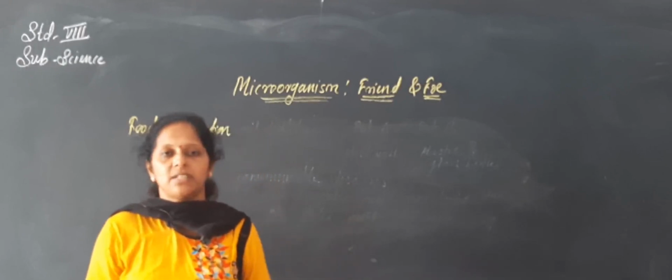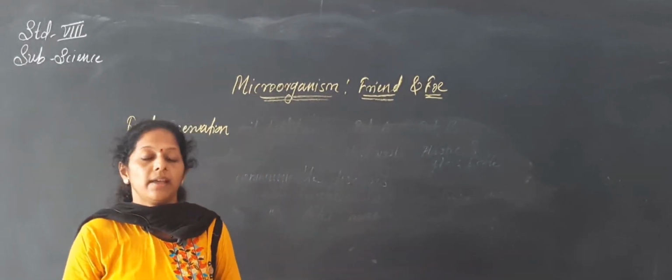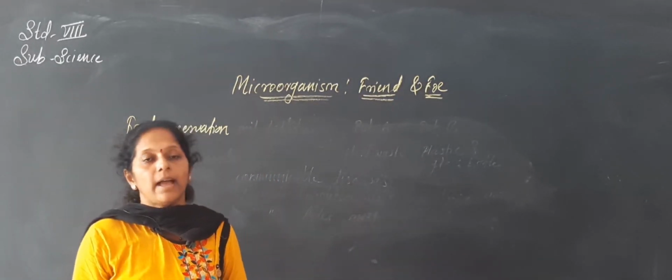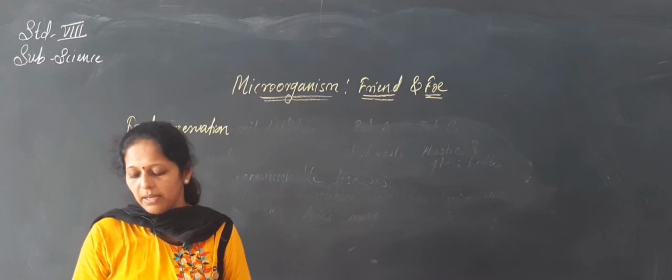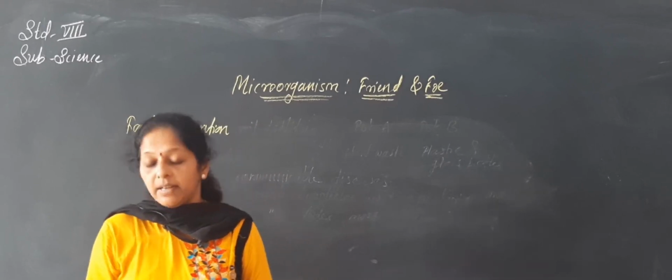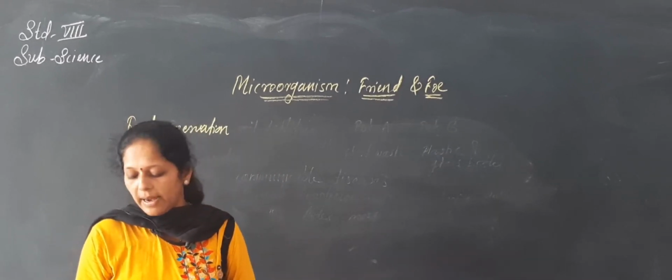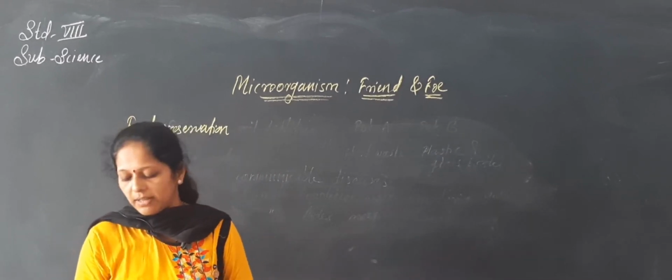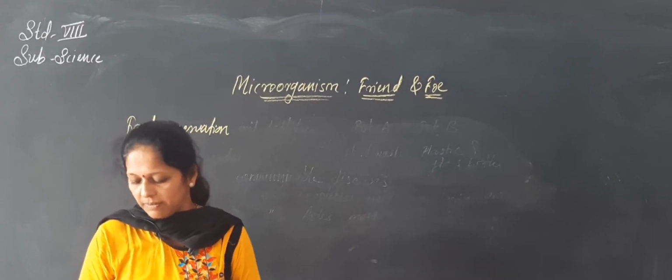So that is called pasteurized milk, and it can be used as it is. It prevents the growth of the microbes. This process of preservation was discovered by Louis Pasteur, so it is called pasteurization.